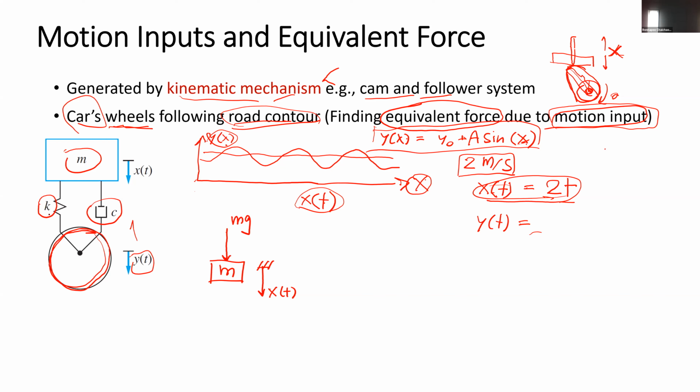The force done by the spring and the damper depends on the relative motion of the wheel and the body of the vehicle.